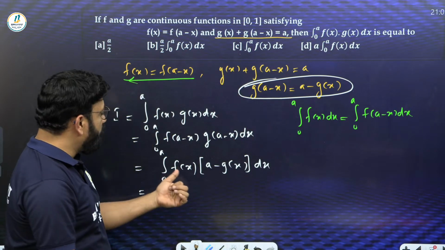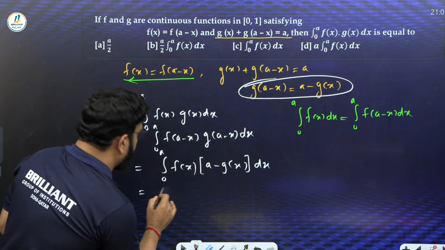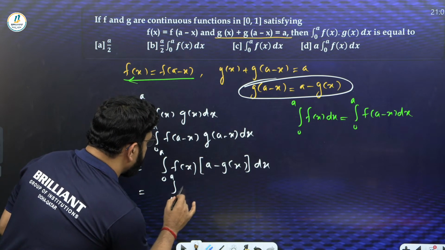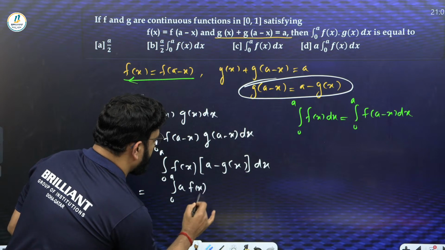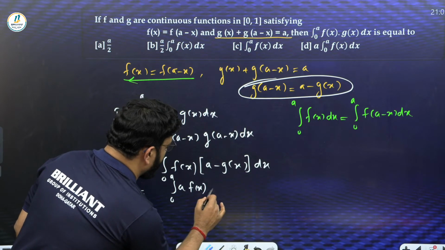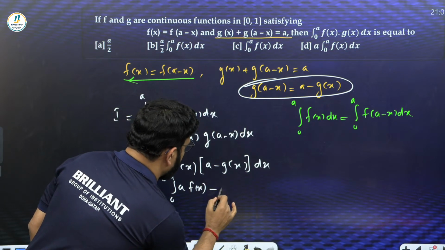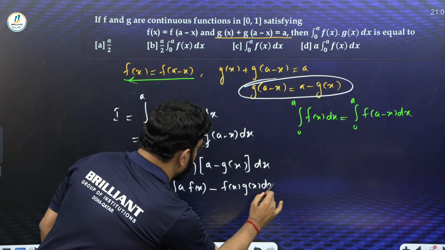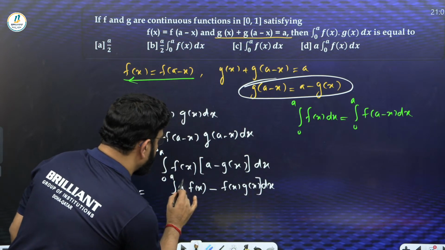So the integral from 0 to a of f(x). Just open the bracket, dear students: f(x) into a minus g(x), dx. Otherwise one more step, f(x) into g(x) altogether.